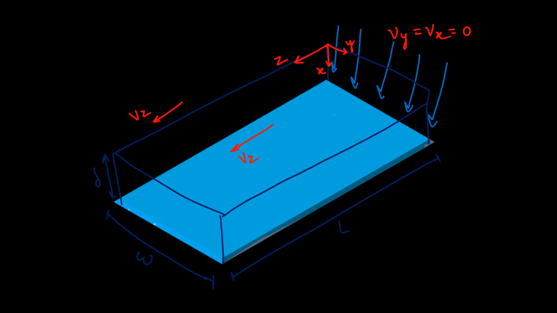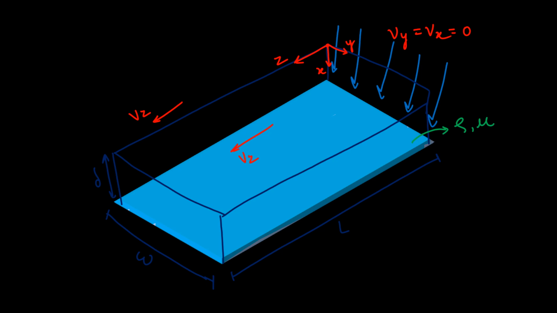If I consider this fluid that is flowing over a flat plate as having density rho and viscosity mu, then what will be the force acting on it?